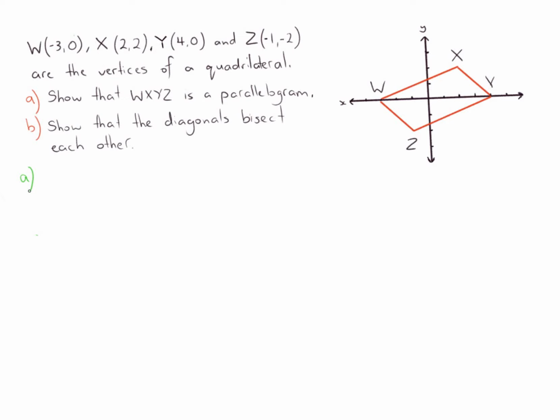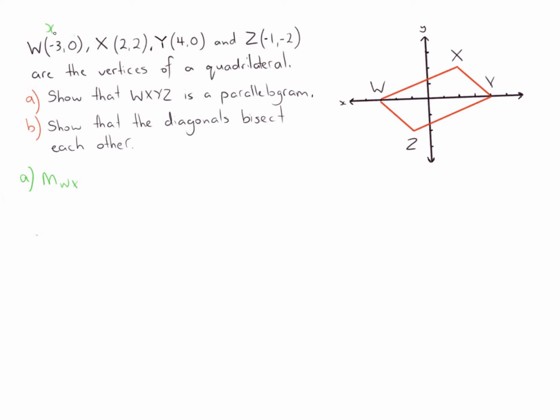Well, what do we know about parallelograms? We know that the opposite sides are parallel, and we know how to show that two lines are parallel. All we have to do is show that they have the same gradient. So let's start off by working out the gradient of WX.